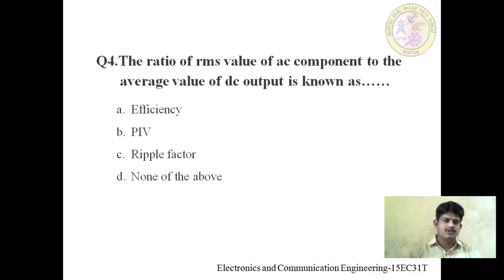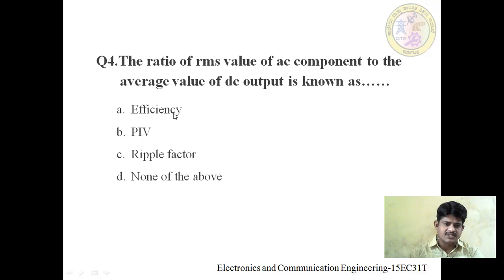In this session, we have discussed all these parameters. So if you remember all the parameters, you can answer it, or if you know the direct answer for this question, you can answer. So let's go in reverse: first we'll understand each concept, then check whether it suits this question. It's dealing with the ratio of RMS value of AC component to the average value of a DC component.